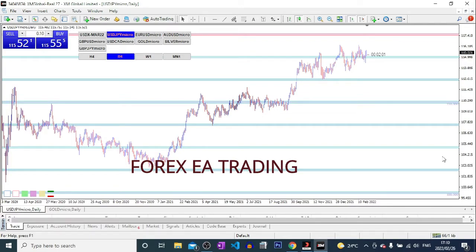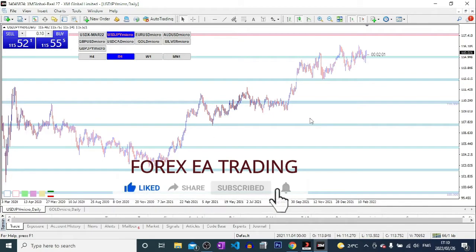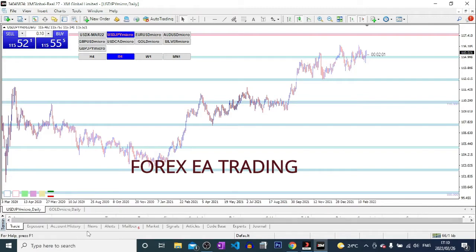But let's see how you can actually get copy trading signals on your MetaTrader 4. I think it's also the same on MetaTrader 5. What you want to do is go down to your terminal, the bottom section of most trading charts.